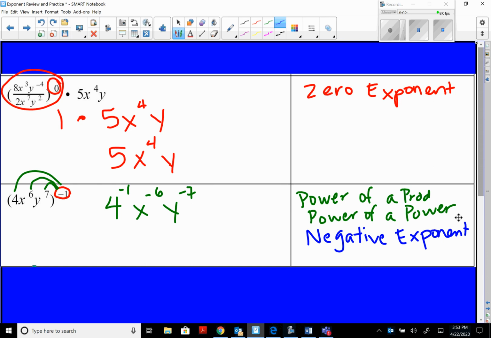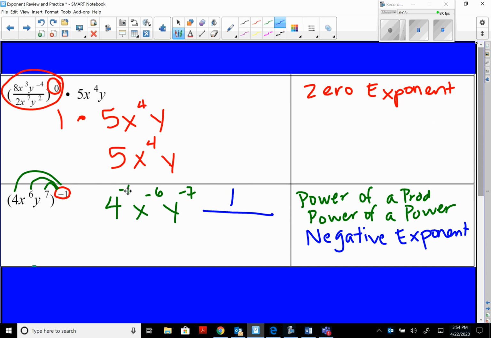So if you look at this, there is no fraction, which technically means it's in the numerator because it's over 1. So everything here, because all of these exponents are negative, they're all going to move to the denominator and become positive. And I'm just going to rewrite a 1 in the numerator.